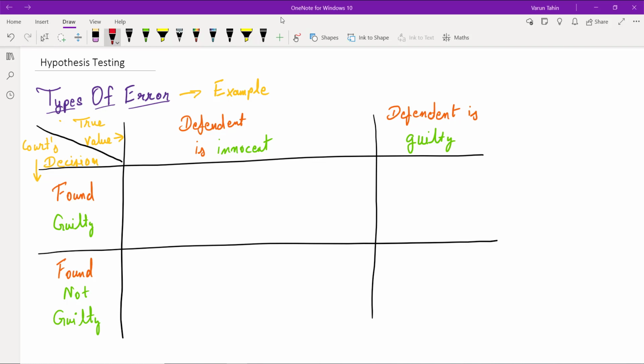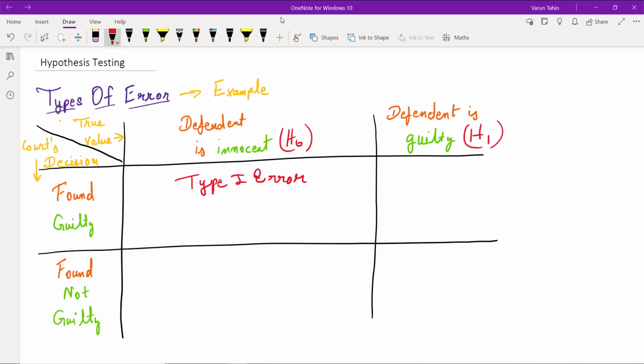Now we already know that until the trial happens and the decision is made, the defendant is innocent. So this becomes the null hypothesis here, and the other one, which is defendant is guilty, becomes the alternative hypothesis. Now when the true value is that the defendant is innocent and we try to reject the null hypothesis, that is, we are trying to say that he is guilty, then this is a type 1 error, right?